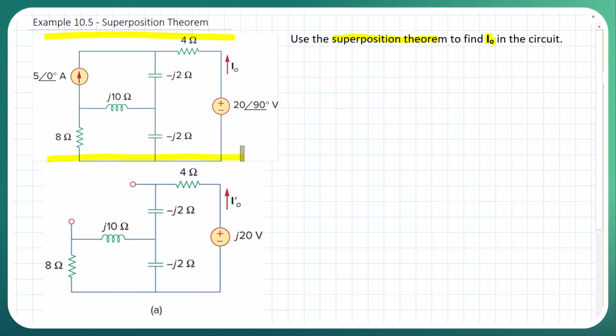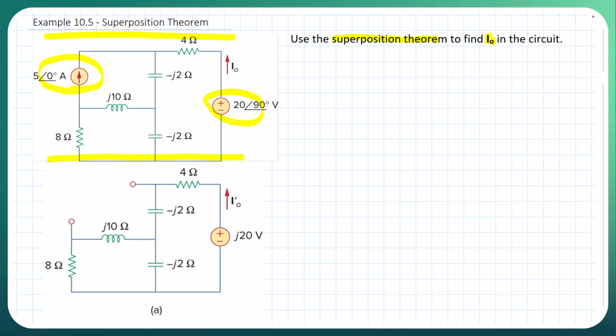If you remember the superposition theorem, essentially it says you take one source, you turn it off, you solve for the circuit, and then turn that back on, and then turn the second source off, or whatever the number of sources that you have, and then you solve for the circuit again.